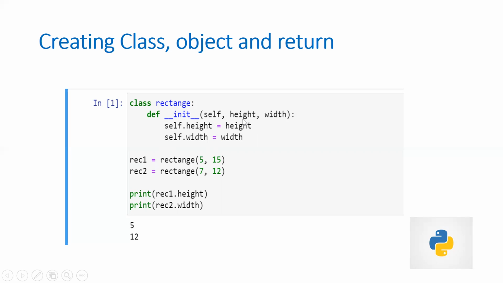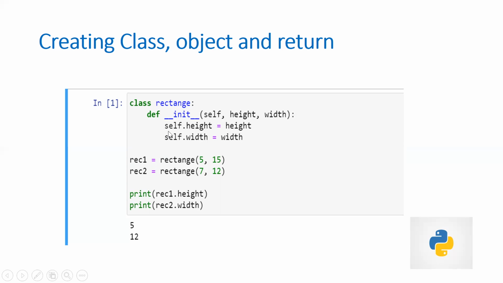Then our attributes are height and width, so we pass them in the argument list of init. Then there is a colon, which is a convention for a method.